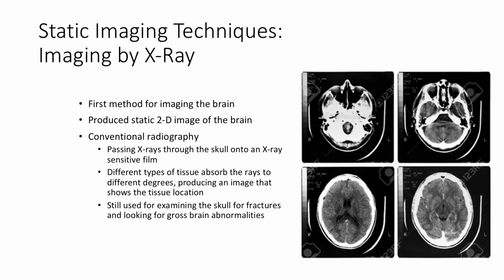Okay, so let's move on to X-rays. Aside from surgeries, X-rays were the first methods used to look at the brain. X-rays are still used in many hospitals, and they're a little bit fancier than they used to be. They're especially used to look for brain tumors, for strokes, or any other abnormalities in brain vasculature.